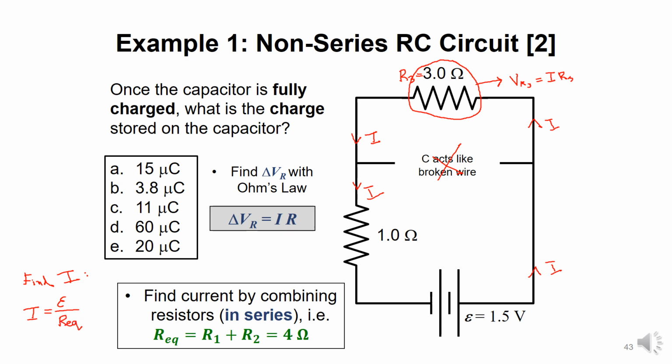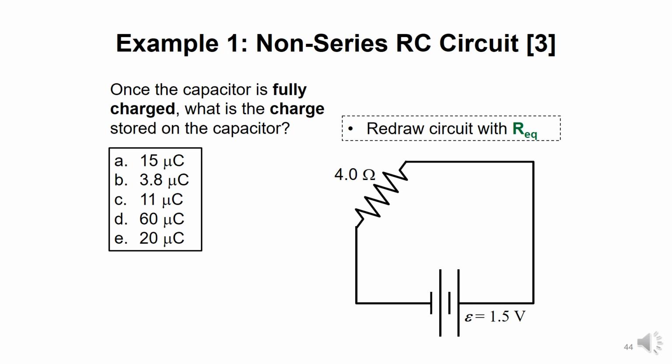When two resistors are in series, the equivalent resistance is just the two added together. So you take the two resistors, 1 ohm and 3 ohm, R1 and R3, and add them up, you get 4 ohms. That's your equivalent resistance, and you plug that into the equation with the battery voltage and solve for current.